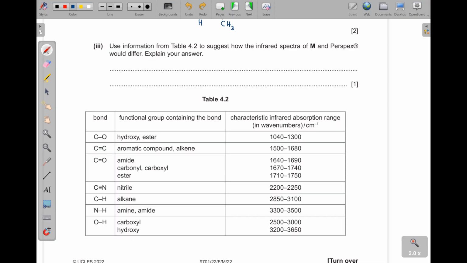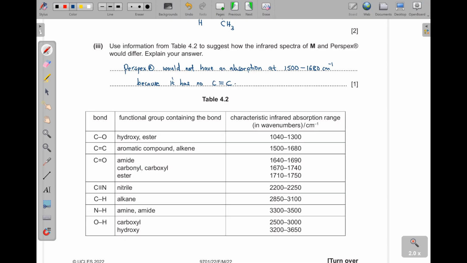So I would say perspex would not have an absorption peak at 1500 to 1680 per centimeters, because it has no carbon-to-carbon double bond.